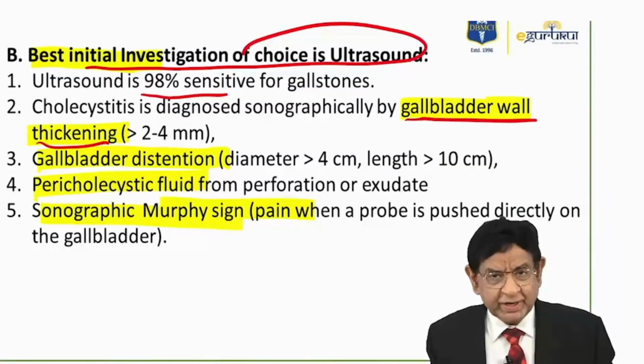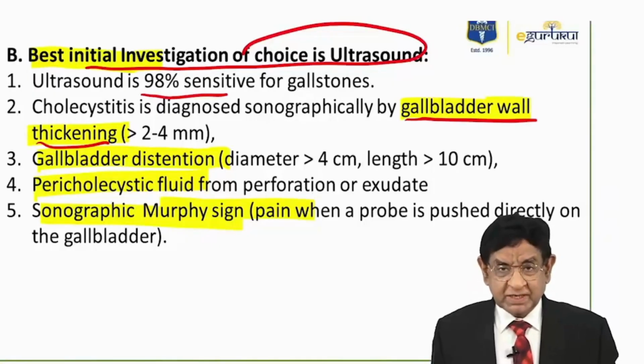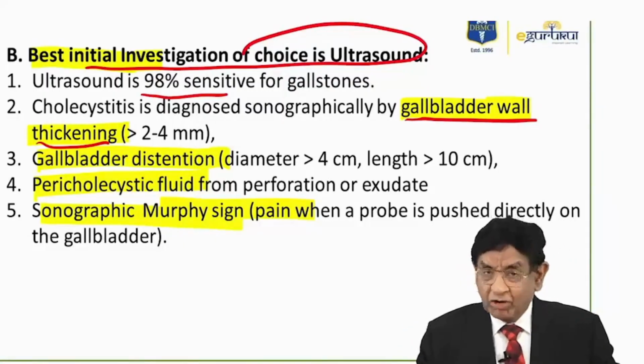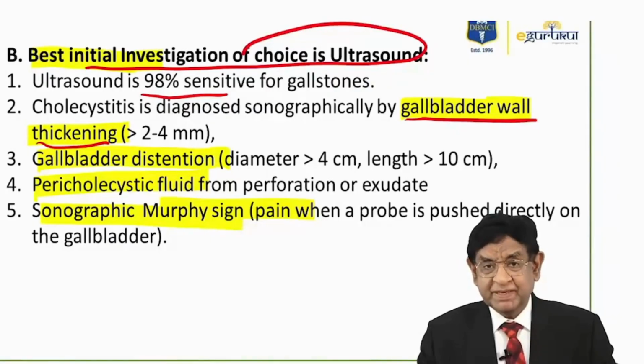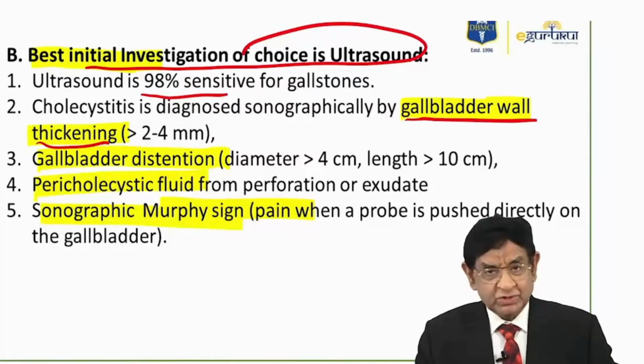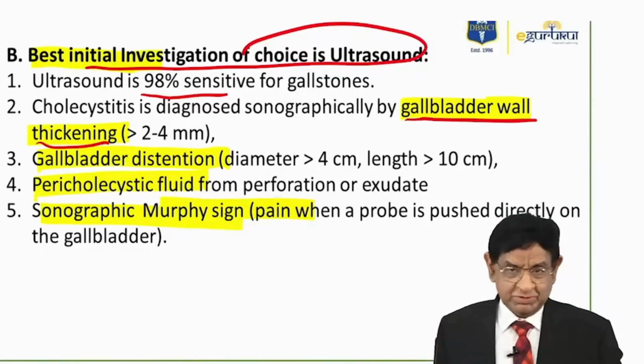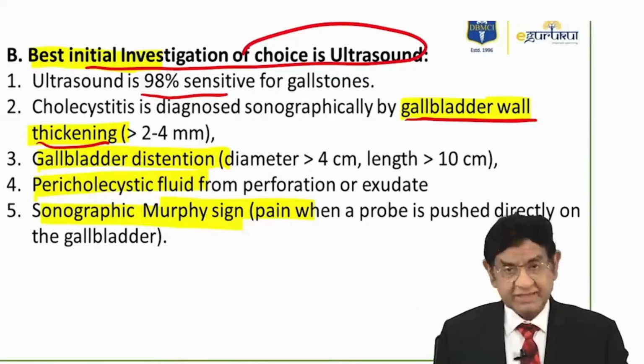If you get a chance to actually see the stone on ultrasound, thickening of the gallbladder wall, and the patient jumping with pain on deep inspiration, you being a resident, if you have a patient like this, don't forget to visit the ultrasound room. Ask the patient to show you the stone, thickening of the gallbladder wall, and ask him to elicit Murphy's sign by the probe also. Okay, so this is the keyword.